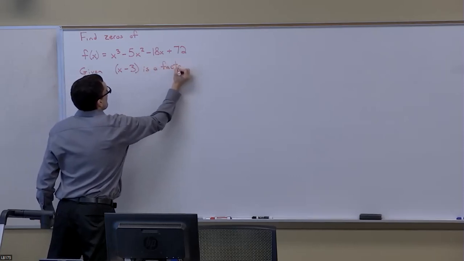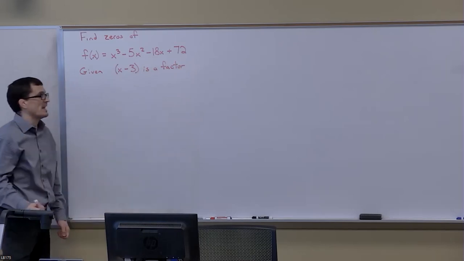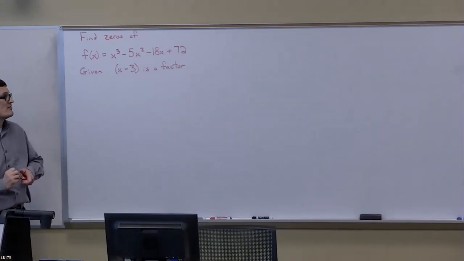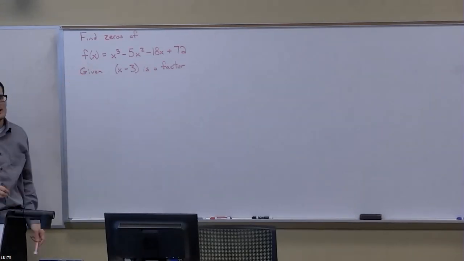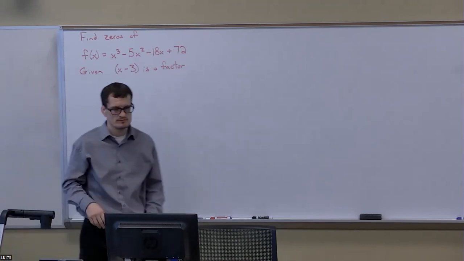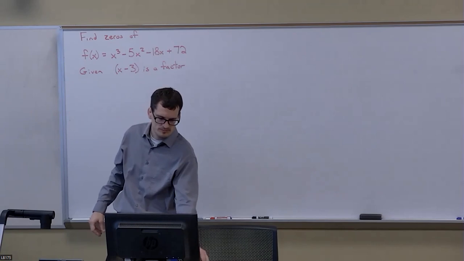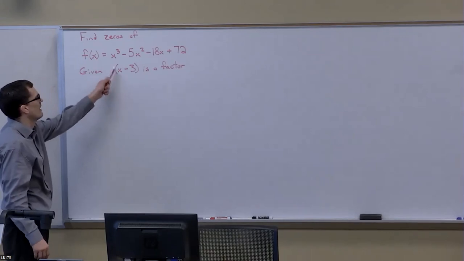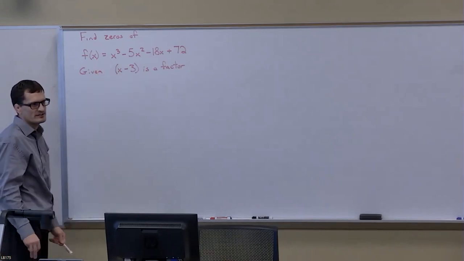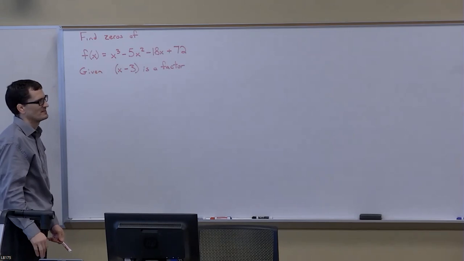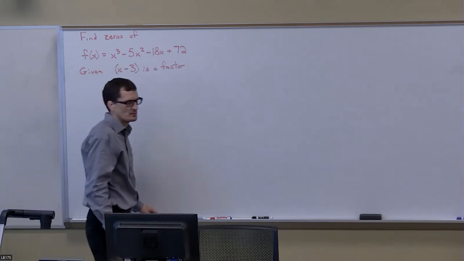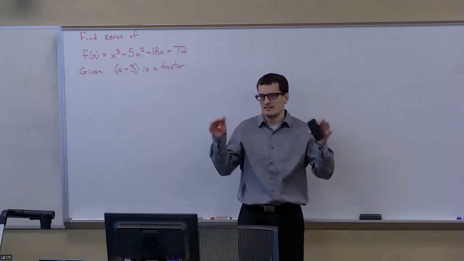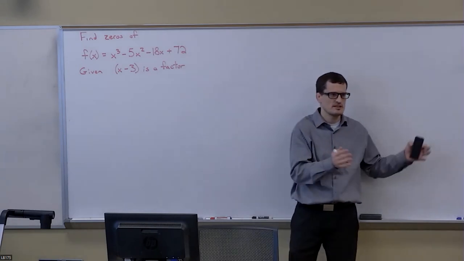The fact that I'm going to be given is that x minus 3 is a factor of my polynomial. So if I know one factor, how do I find the other factors? Remember, I want to break it down into something times something times something.